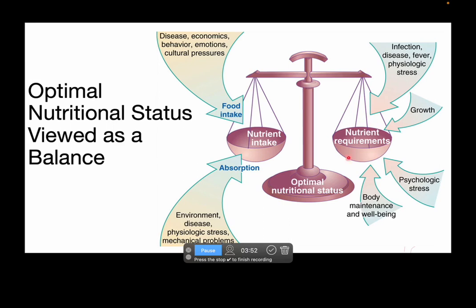A person's nutritional requirements are also based on a variety of aspects. Infection, disease, fever, physiological stress, these will all often increase nutrient requirements, as will growth. Things like physiological stress can also increase nutrient requirements, but also can increase fat deposition. And then we need a certain amount just for body maintenance and well-being.